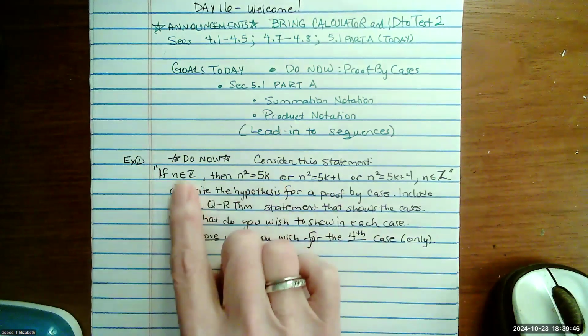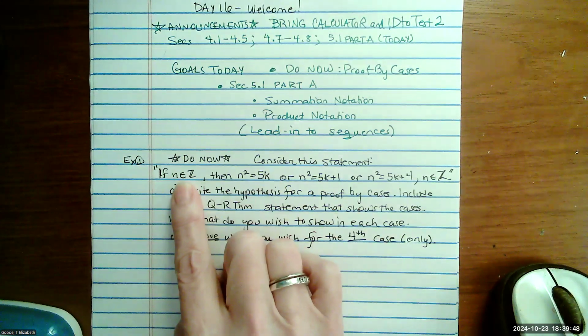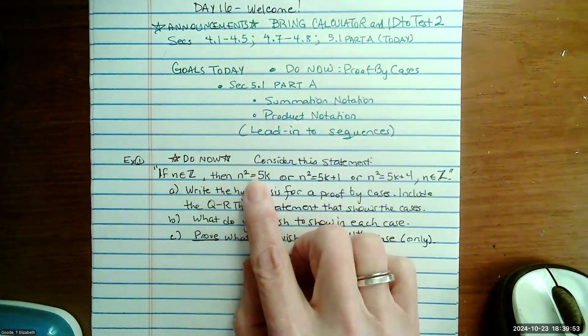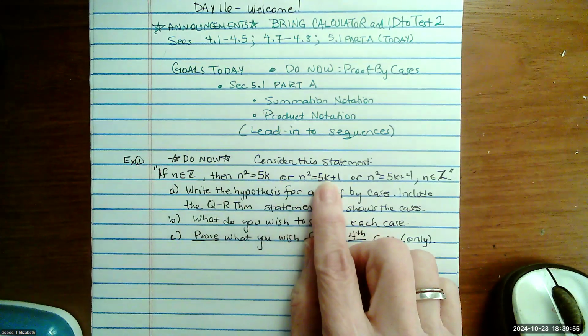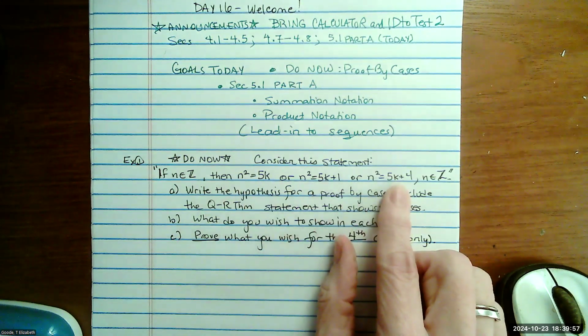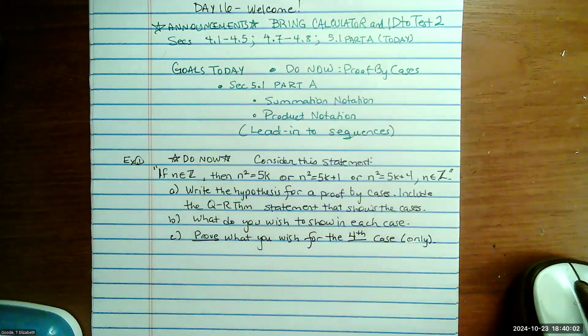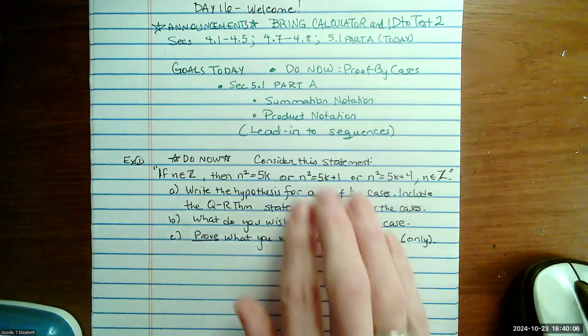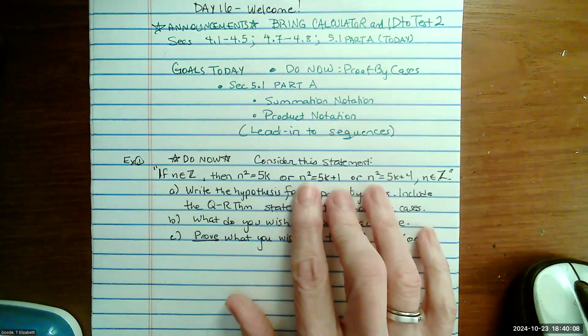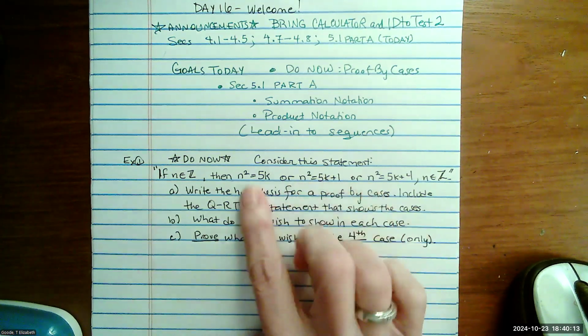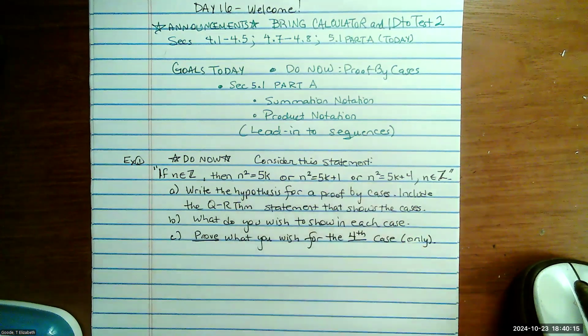It says, hey, if you've got an integer n, then n squared either looks like 5k, or it looks like 5k plus 1, or it looks like 5k plus 4. And it's an interesting take on perfect squares, because it tells us if you divide a perfect square by 5, you're never going to get a remainder of 2 or 3. You can only get a remainder of 0, 1, or 4. And I find that kind of interesting.